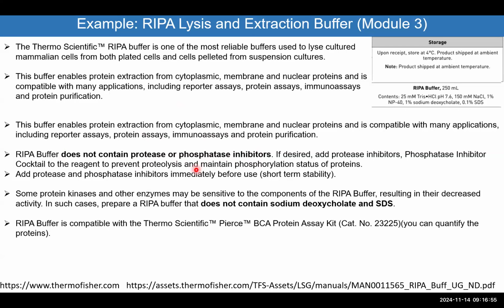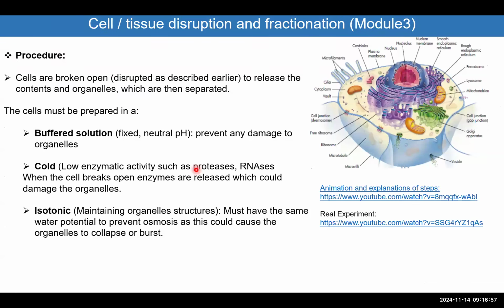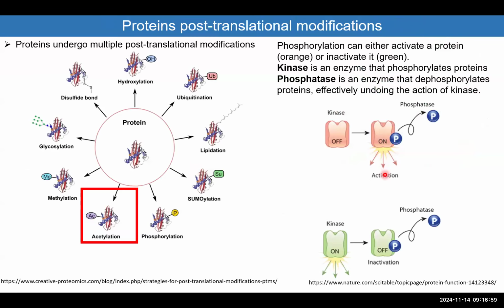Otherwise, imagine you are looking to check how much of this protein is the active protein. This active protein is phosphorylated, it is already bound by a phosphate, right? So when you extract the protein, you really want to maintain that this protein is bound by phosphate.